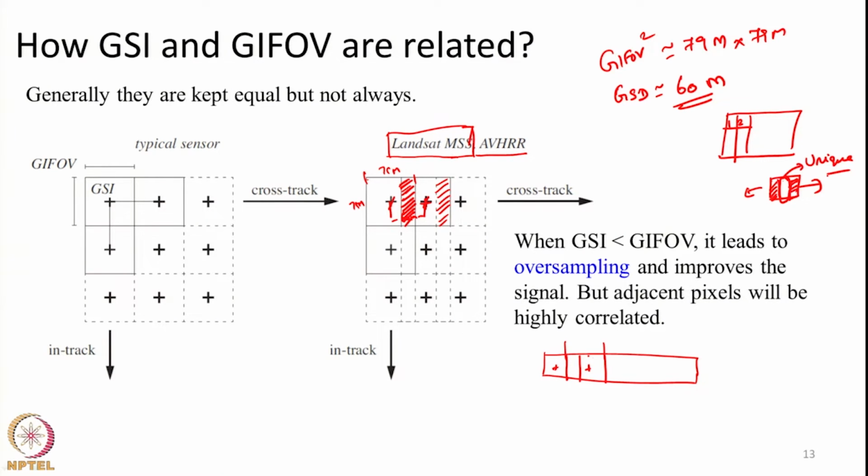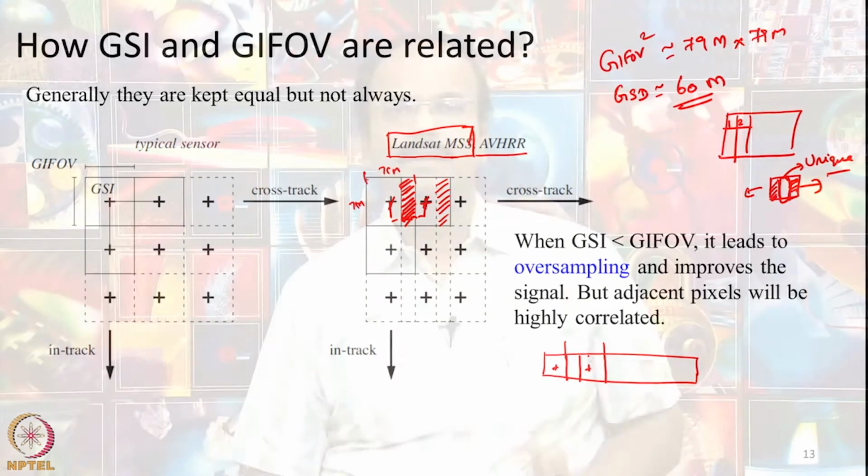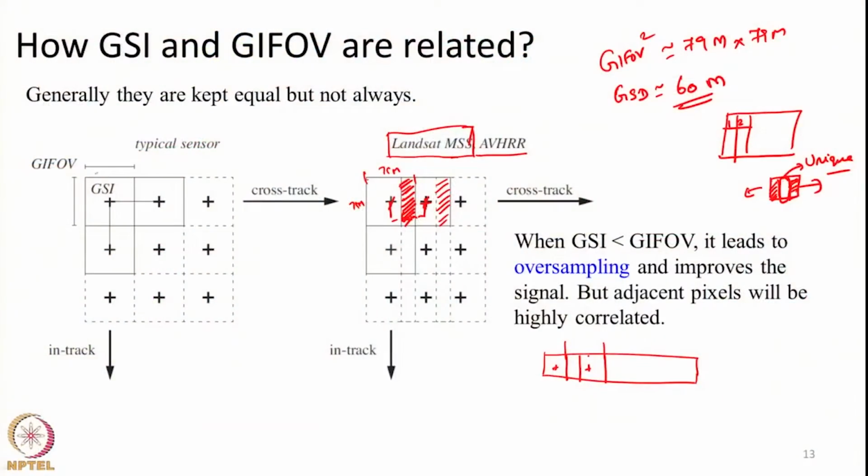A typical remote sensing system, on the other hand, a normal system launched nowadays, will not have this kind of oversampling issue, and will have the GSI set equal to GIFOV. The example is given here. Whatever the GIFOV of the sensor is, the GSI will be set exactly to sample that particular distance. So, there will not be any overlapping information, nor will there be any gaps.